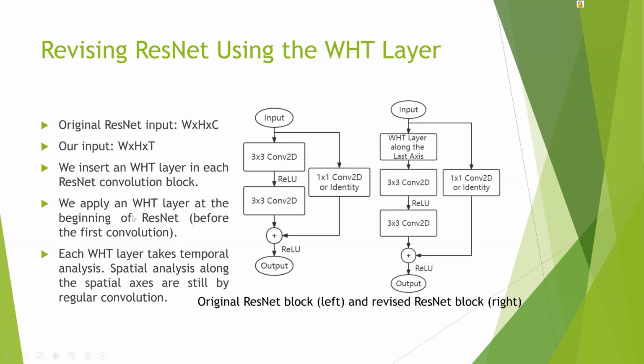So we also insert one layer before it because at this moment, the input hasn't been changed by any layers. So it contains the purest information. So we use our layer to do the temporal analysis, and the spatial analysis among the spatial axes is still done by the regular convolution.